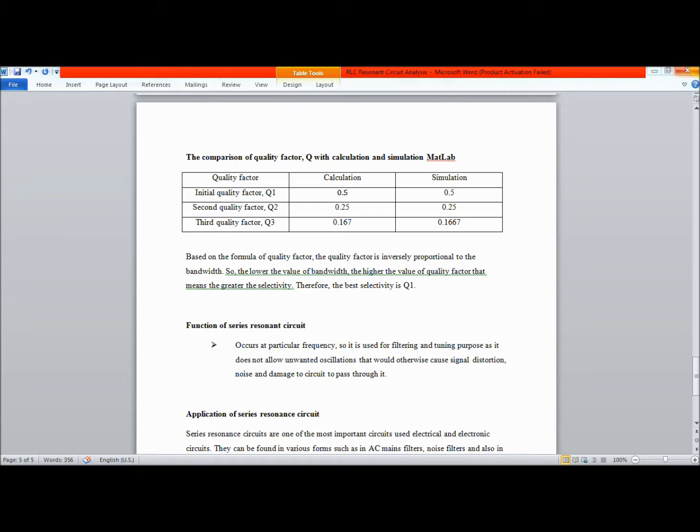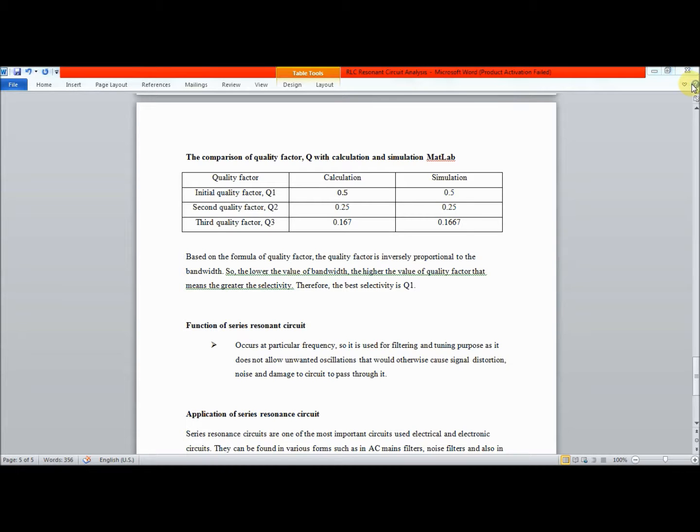The function of a series resonance circuit occurs at a particular frequency, so it is used for filtering and tuning purposes, as it does not allow unwanted oscillation that would otherwise cause signal distortion, noise, and damage to the circuit to pass through it.